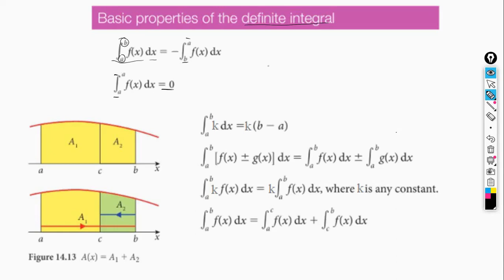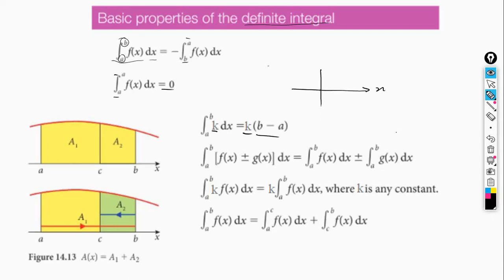Next, we have the case where if you have the integral of any constant k from a to b, that is simply going to be k times b minus a. We can see this graphically in a very easy manner.